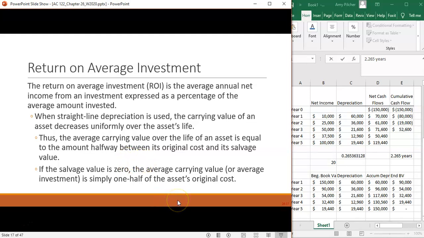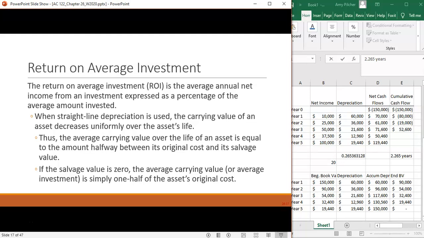The next way that we can analyze our types of payback is return on average investment, or ROI. So this is a percentage of the amount invested. So if we use straight line depreciation, we know that the carrying value of an asset decreases uniformly over the asset's life.